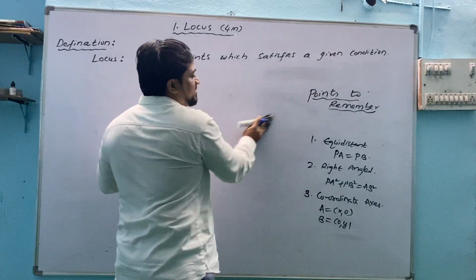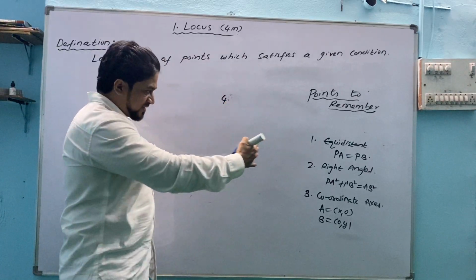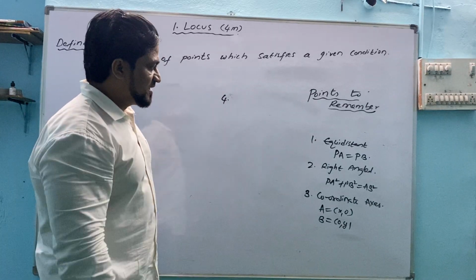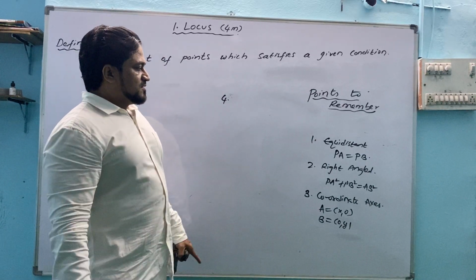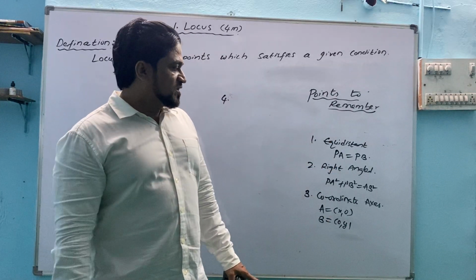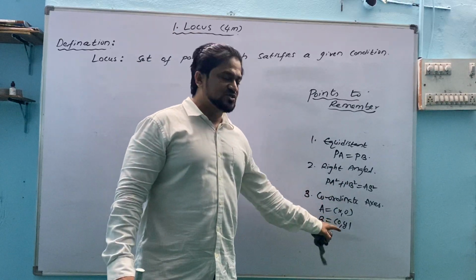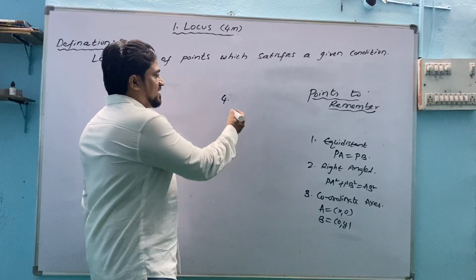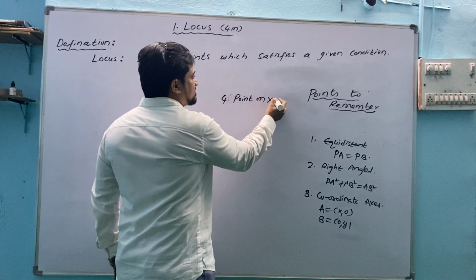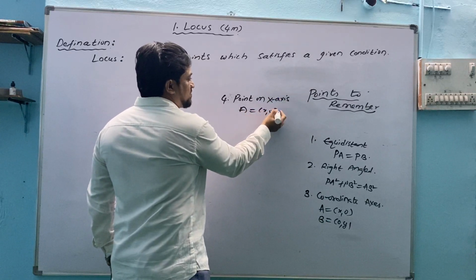Then a few more points you need to remember. So equidistance: PA equals PB. Right angle is given: PA square plus PB square equals AB square. If coordinate axis is given to you, you should tell A is x comma 0, B is 0 comma y. If they give you a point on the x axis, you have to tell A is x comma 0.